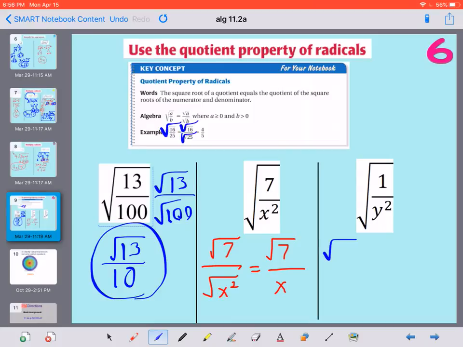Lastly, we have the square root of 1 over the square root of y squared. Now 1 is a perfect square. 1 times 1 gives us 1. So our square root of 1 is actually 1. The square root of y squared, the squared and the square root cancel out. We're just left with y.